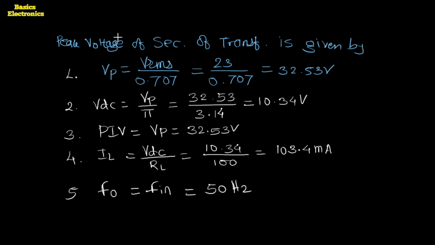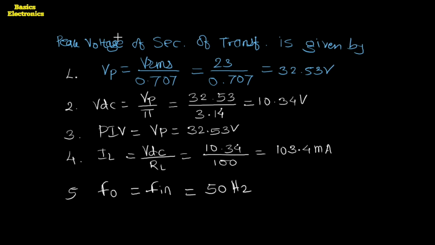After that, you first find out the peak voltage of the secondary of the transformer, as the value of the secondary of the transformer is given. If the value of the secondary of the transformer is not given, then you have to calculate it using the primary voltage or the AC mains supply voltage and the turns ratio of the transformer.